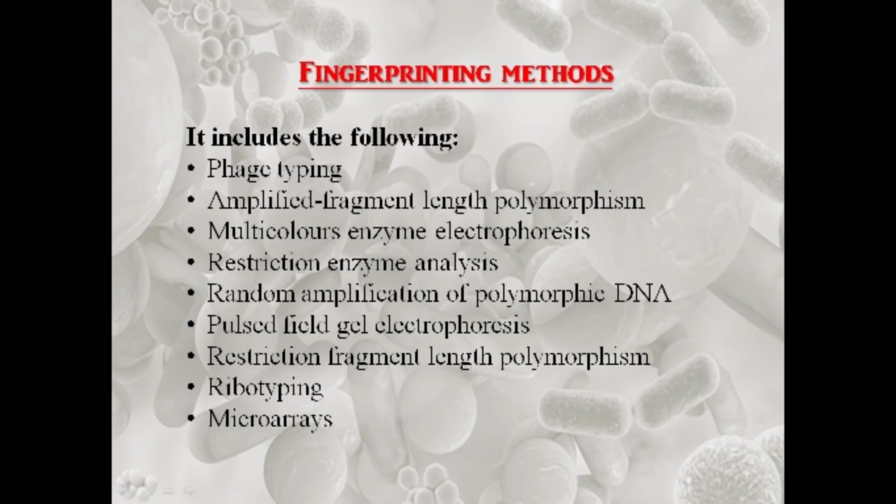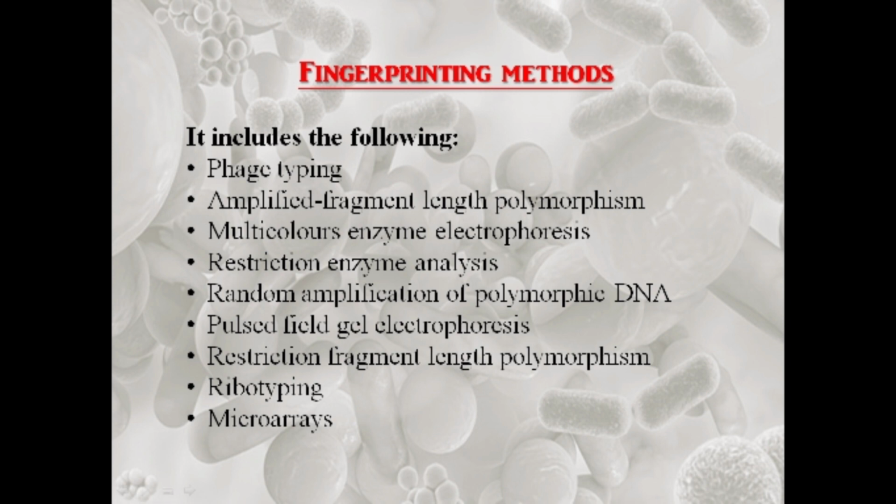Fingerprinting methods. Currently, the most widely accepted of these techniques involves restriction endonuclease cleavage of the whole genome with rare cutting enzymes, followed by separation of the resulting large DNA fragments by pulsed field gel electrophoresis.